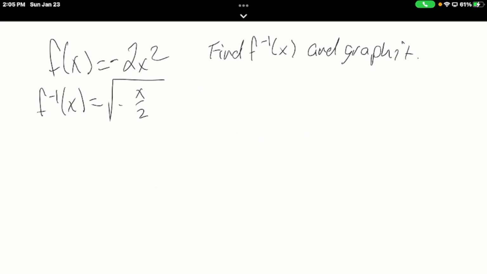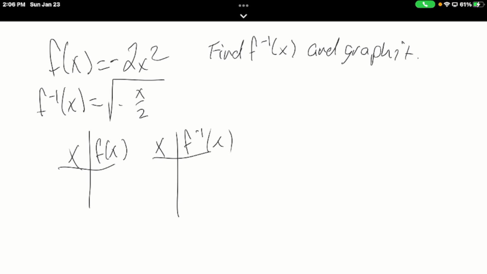All right, table 1 is going to be my original function table. Table 2 is going to be my inverse function table. Okay. Table 1, since I'm dealing with a parabola, I'm going to go to the right of 0: 0, 1, and 2. I know that those are going to be my y values for my inverse, so I can put those down if I want to.